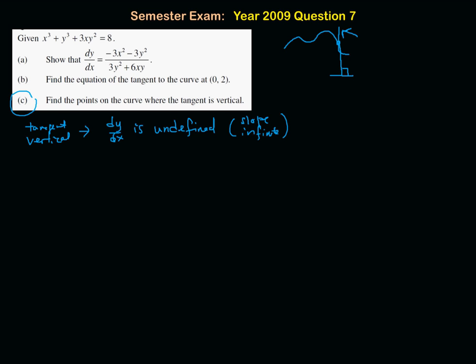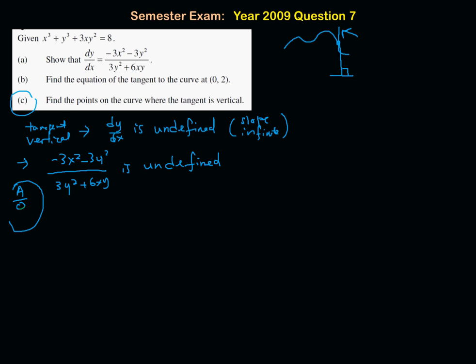That means this thing here, negative 3x squared minus 3y squared, the one we got in part (a), is undefined when something takes place. And what is that? Think about it, right? You recall that if you take a number, say a, and you divide by 0, you punch this into the calculator, you would see a math error.